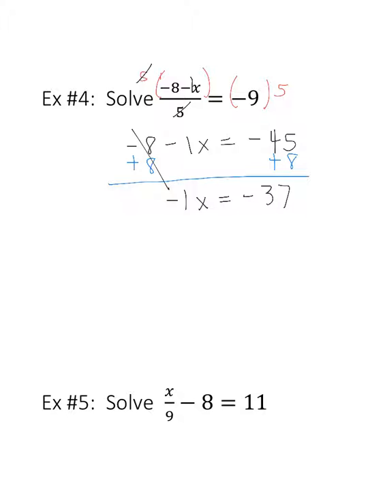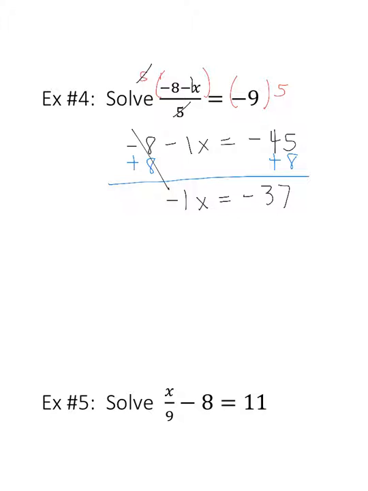Okay, here we go. Now, the only thing that we have left to get rid of is that negative 1, so we have to think, well, what can I do to both sides that would get rid of that negative 1, that would undo it? So look at what's happening between that x and that negative 1. Well, when you see a number and a variable sitting together like that, it means they're being multiplied.